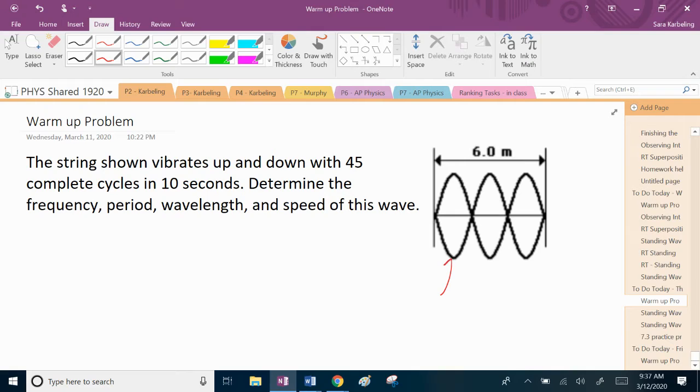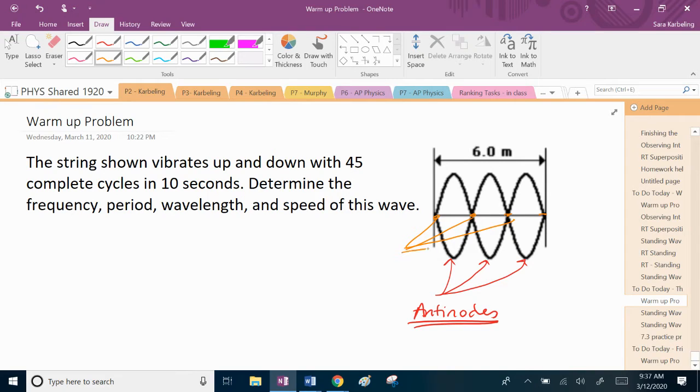Do y'all remember what these things are called here? It's frozen. It's unfrozen. What are those things called? Antinodes, yeah. And do you remember what these things are called here? Nodes.